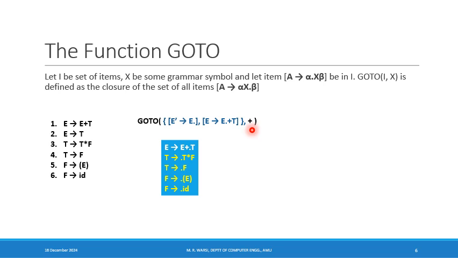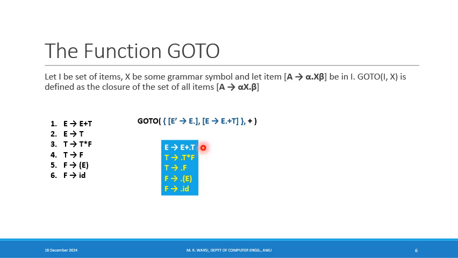If you examine this set of LR0 item, there is one item which is containing a plus symbol after the dot. So in order to calculate the goTo, I shift the dot after the plus, and I obtain this LR0 item, capital E derives E plus dot T. So I add this, and now I take the closure of this.